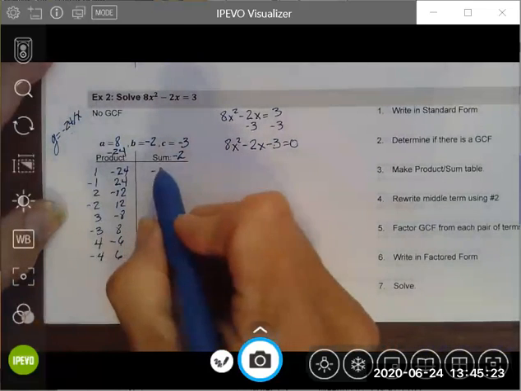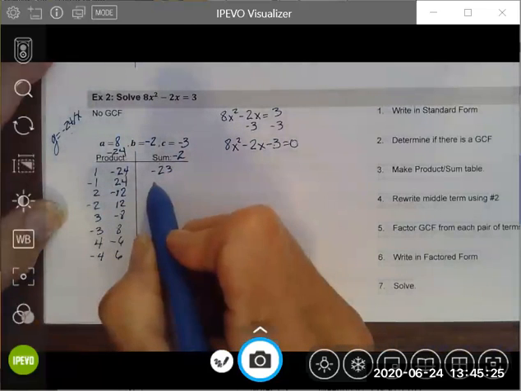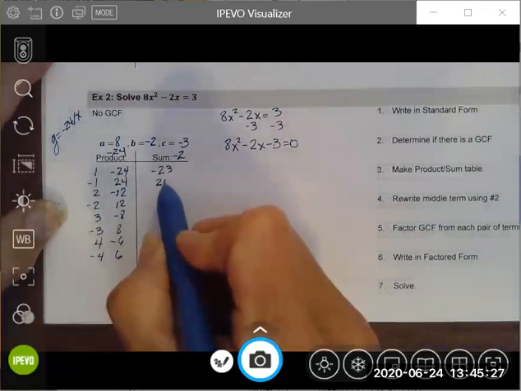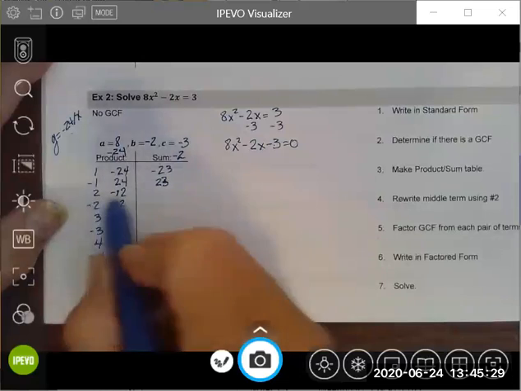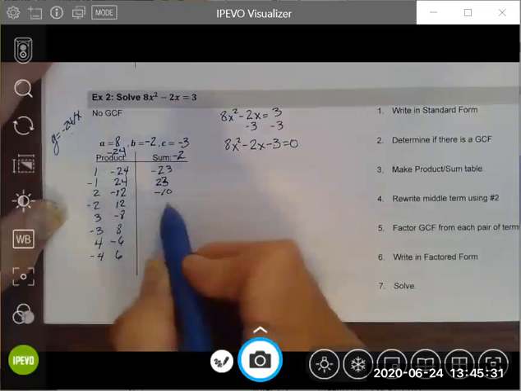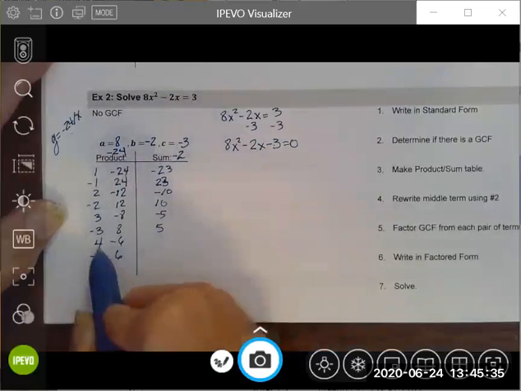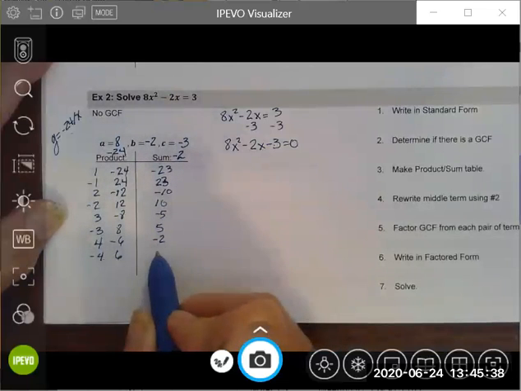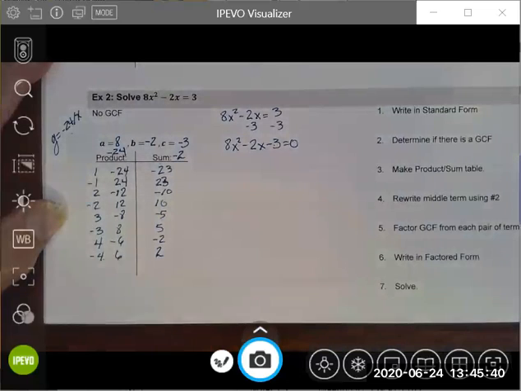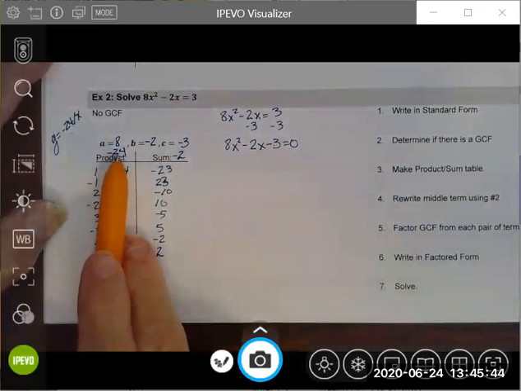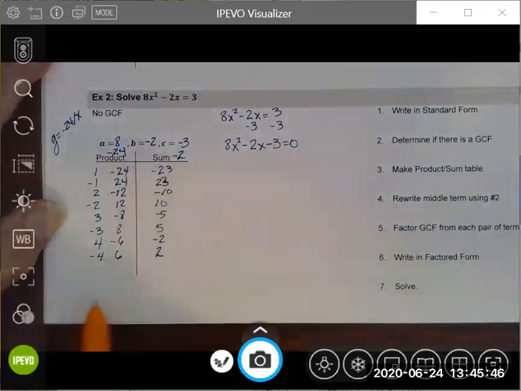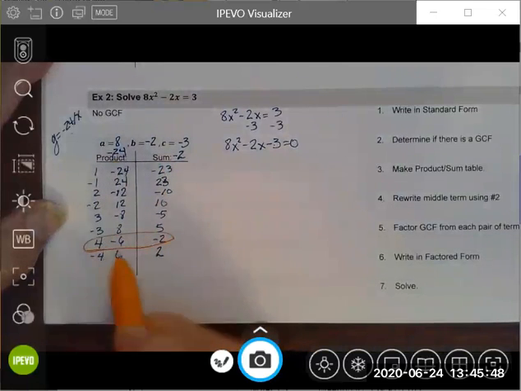When I add them, I notice that there are some patterns. That's 23. This would give me -10. This gives me a +10. -5, +5. -2, +2. And now when I look to see which of my factors multiplied to give -24 add up to -2, I can identify 4 and -6 as being my magic pair.